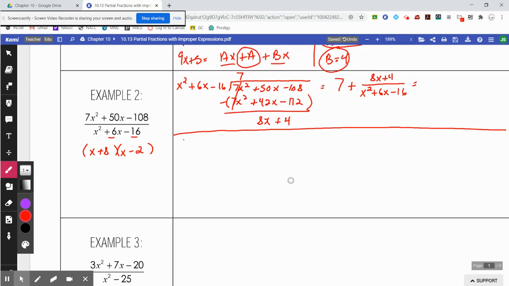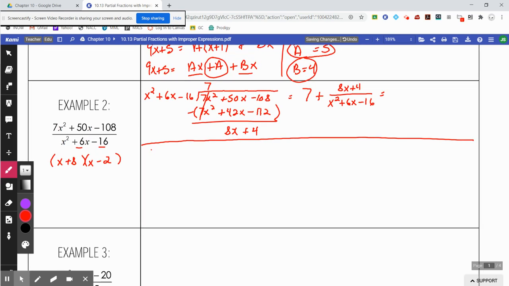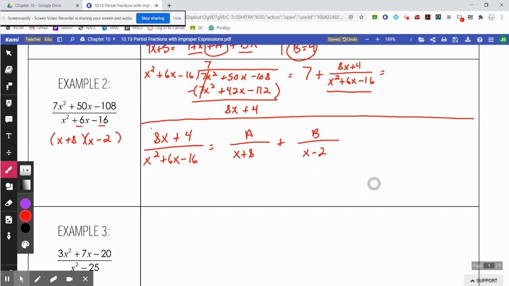So therefore, our original problem, actually, this is what we're decomposing: 8x plus 4 over x squared plus 6x minus 16 will decompose into A over x plus 8 plus B over x minus 2.